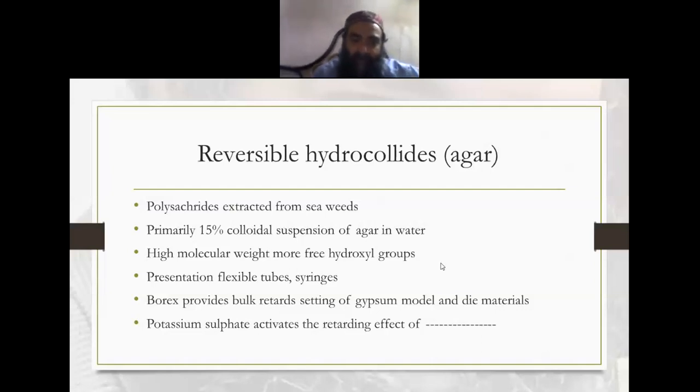Then potassium sulfate activates, and the retarding effect of borax will be eliminated through this. So both of these are present in our reversible hydrocolloid or agar. Sometimes some people say it agar.